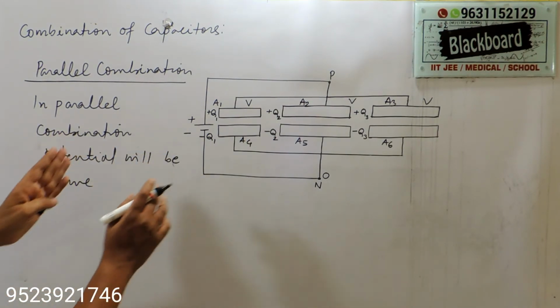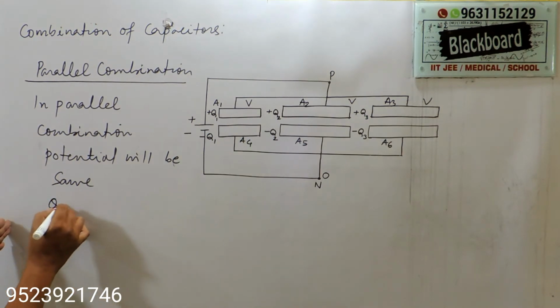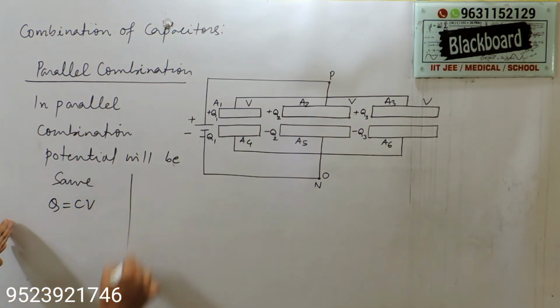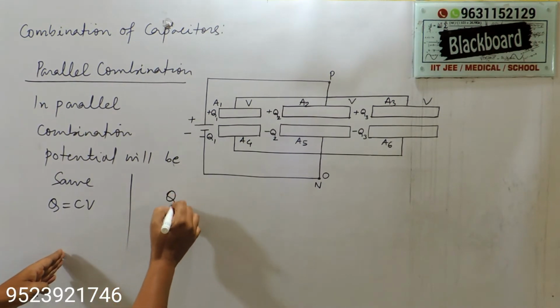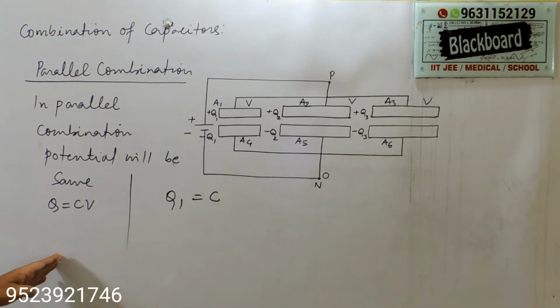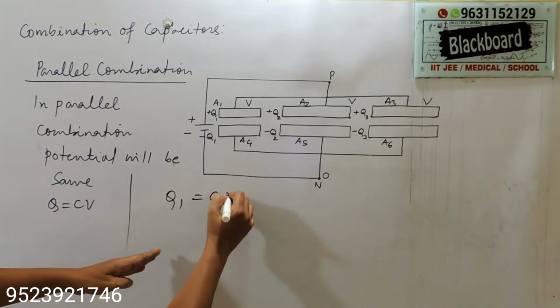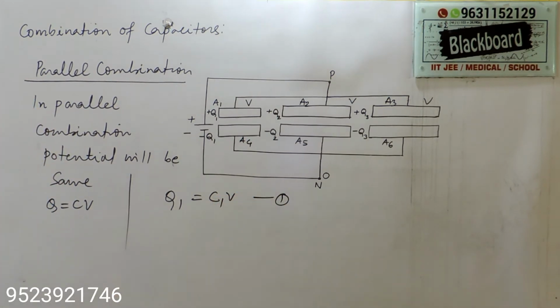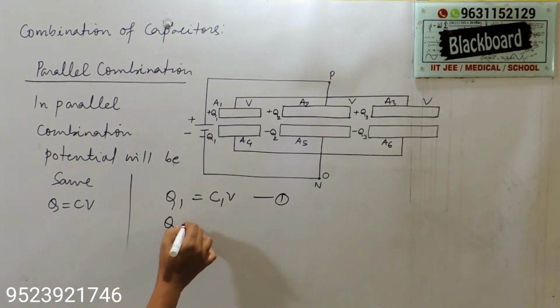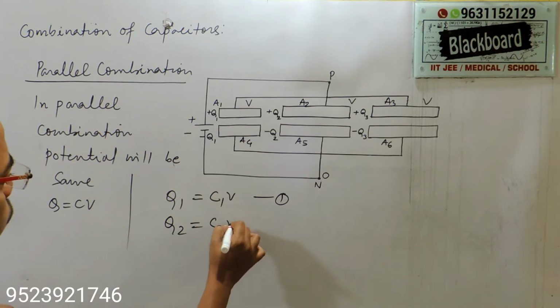So you can write, using the equation Q equals CV, Q1 is equal to C1 into V because potential is same. So this is equation 1, and Q2 is equal to C2 into V.